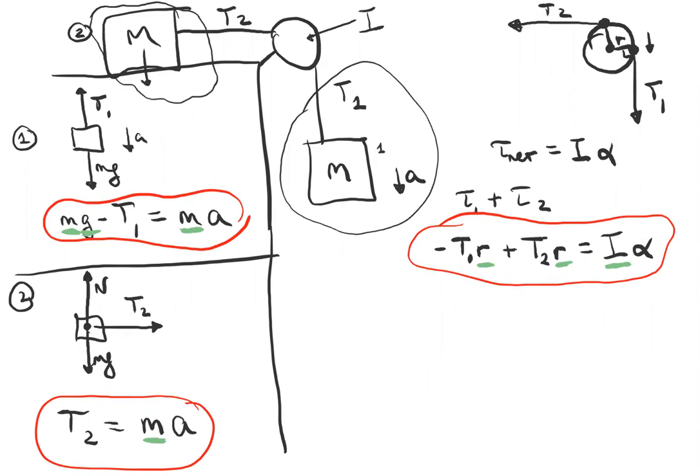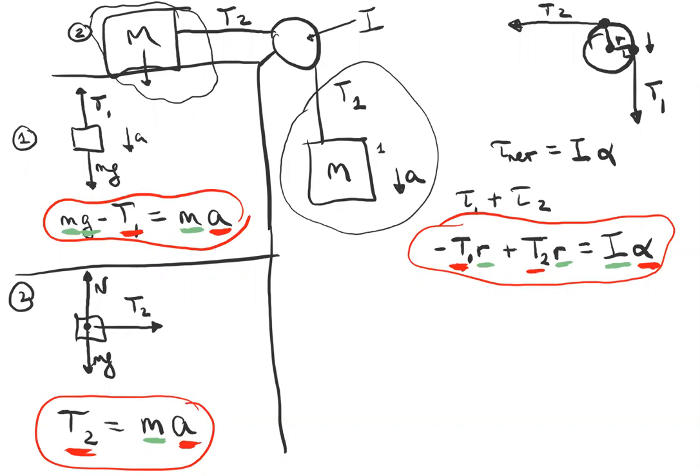And what is it that I don't know? I don't know my tension T1. I don't know my acceleration. I don't know my T2. And I don't know my angular acceleration. So it looks like I have four unknowns, 1, 2, 3, 4, and only 3 equations. So that's not enough. I need one more equation.